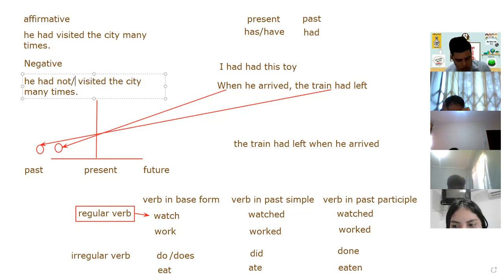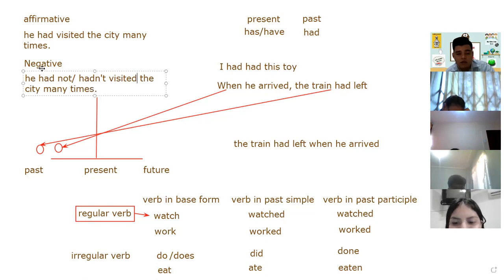Or we can use the contraction hadn't. Okay? He had not visited the city many times, or hadn't visited the city many times. Yes, the verb is always in past participle. Always. Okay? So you don't erase the ed. You have to put the verb in past participle. So he had not or he hadn't visited the city many times.